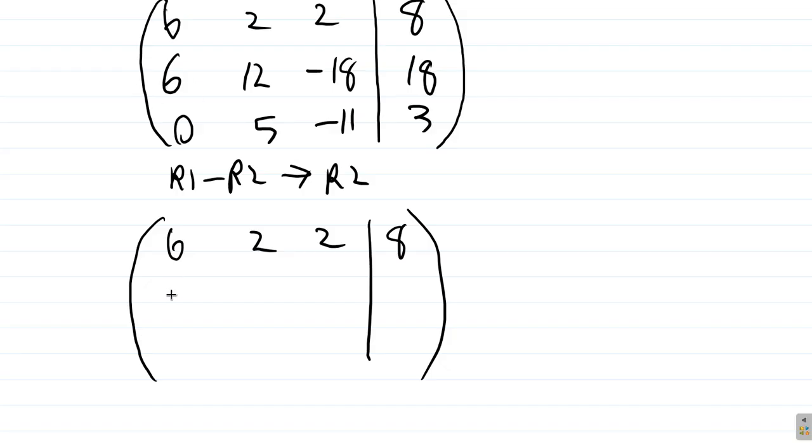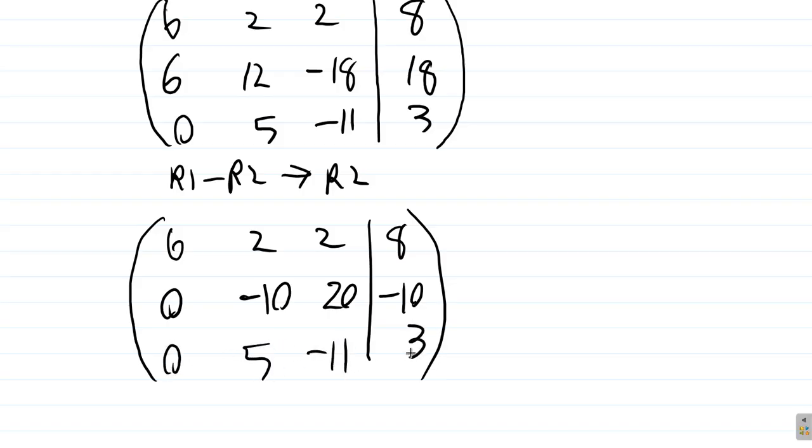Then 6 minus 6 here is going to be 0. 2 minus 12, that's going to be a negative 10. 2 minus negative 18, same as 2 plus 18, which is 20. 8 minus 18, that's going to be negative 10. And we'll write back our 0, 5, negative 11, 3 for row 3. Alright.